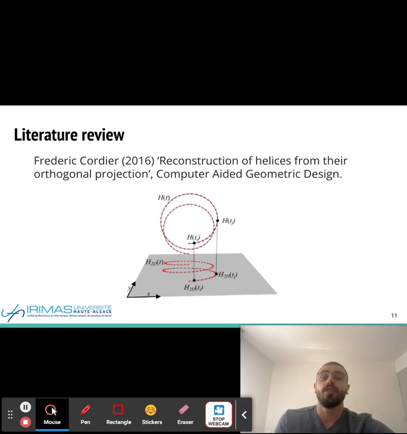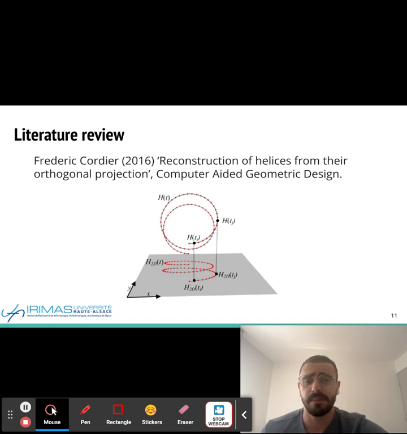So, in the literature review, we didn't find many articles that work on the same approach that we are working on. But I will mention some of the previous work that have something in common with our approach. Firstly, there is the reconstruction of ellipses from their orthogonal projection.